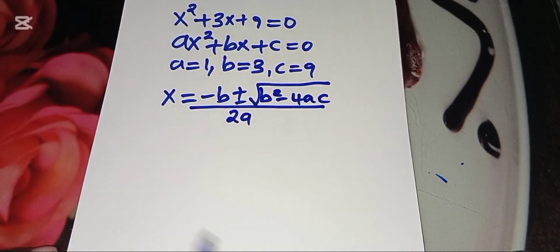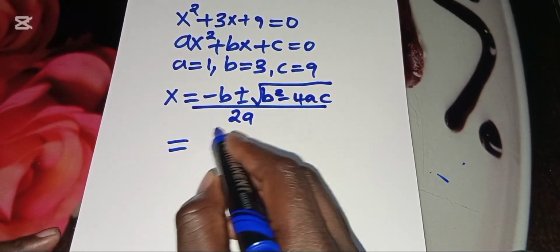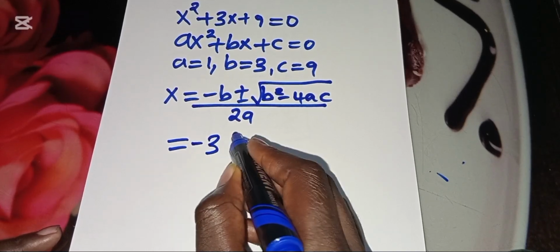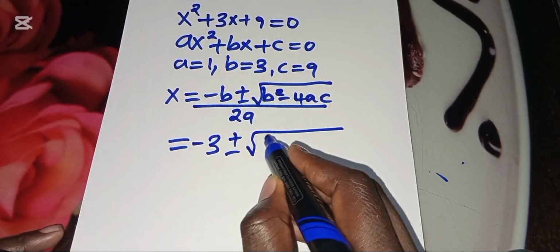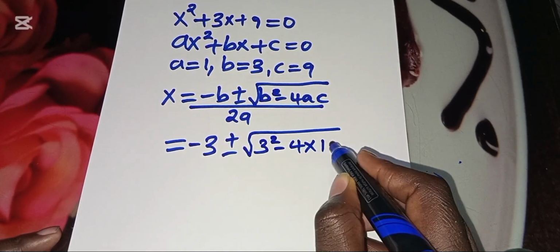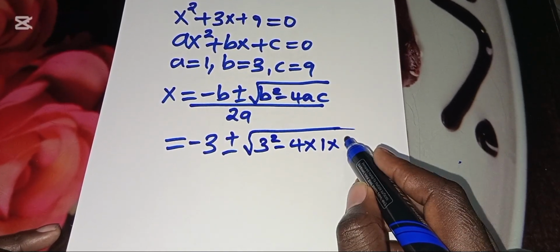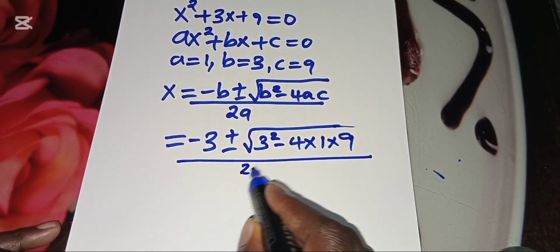So let's substitute the values of a, b, and c. We'll have negative 3 plus or minus the square root of 3 squared, subtract 4 times a, which is 1, times c, which is 9, divided by 2 times 1.